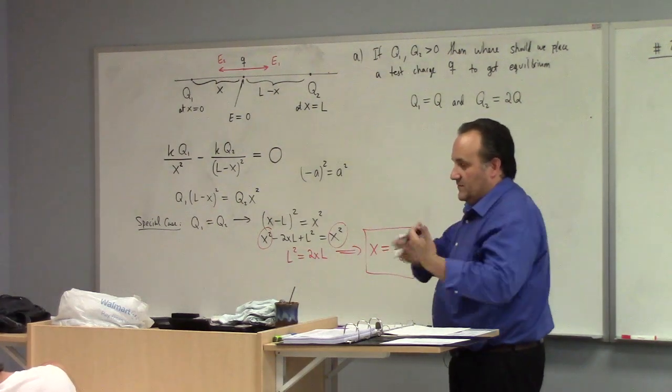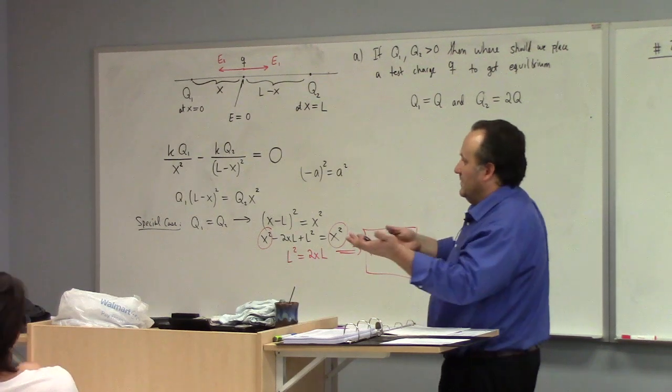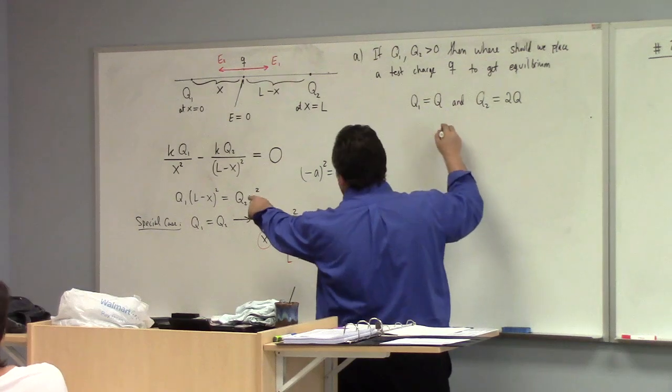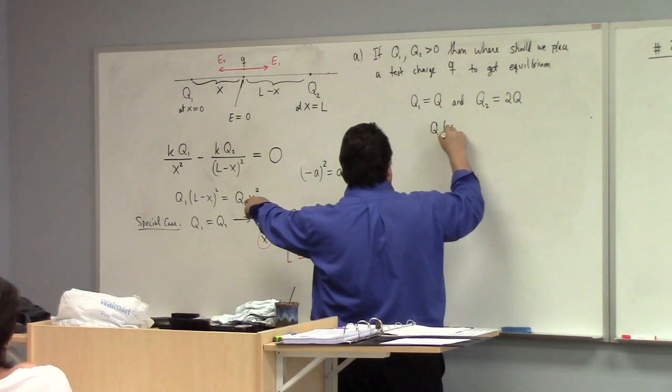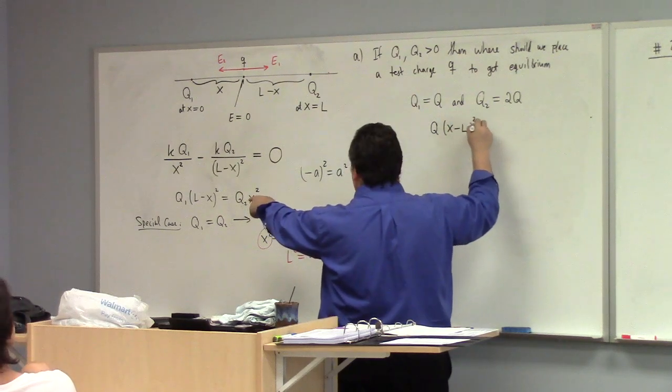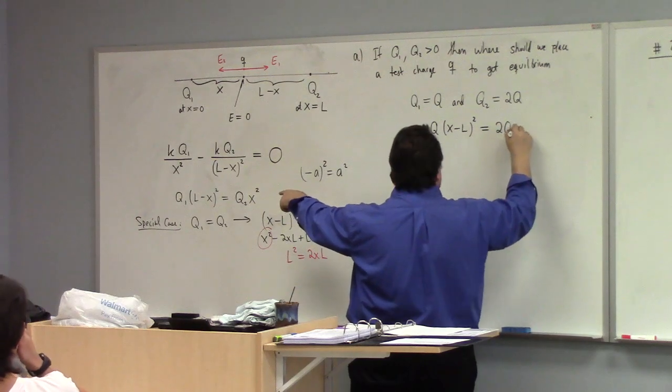I'm just giving values for Q1 and Q2, same setup, same equation. Now let's see how it solves. So we'd have Q times (x minus L) squared, because it's just easier. I hope that's okay. Q2 is 2Q times x squared.